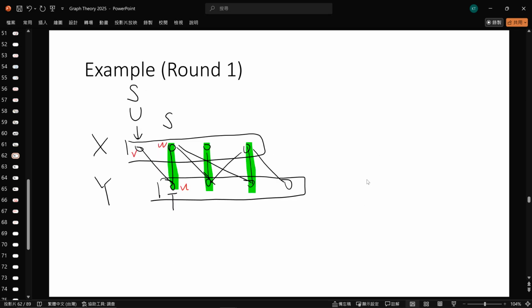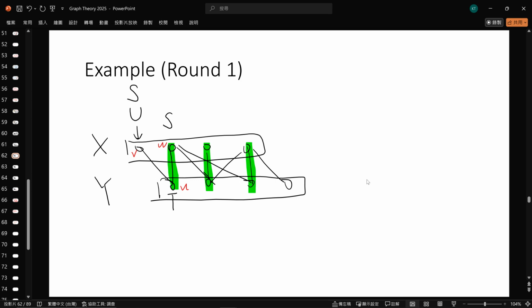Okay, so this is an example. In this bipartite graph, we have this green matching, and we want to find an M augmenting path. We first find the set of unsaturated vertices in X, that is this guy.